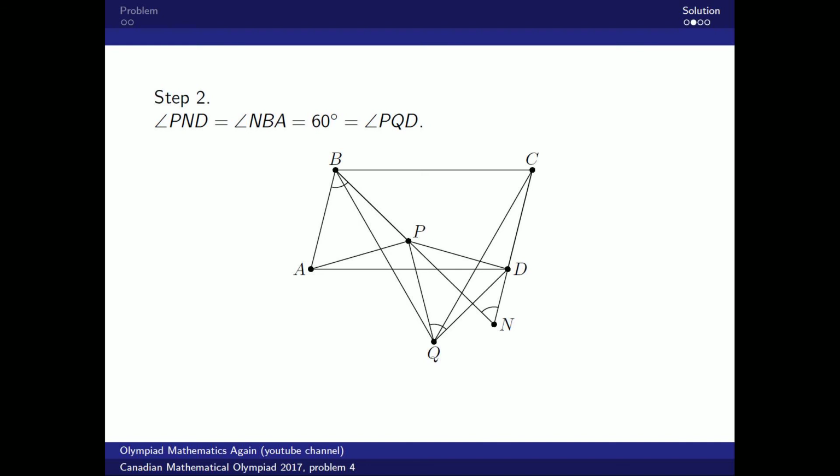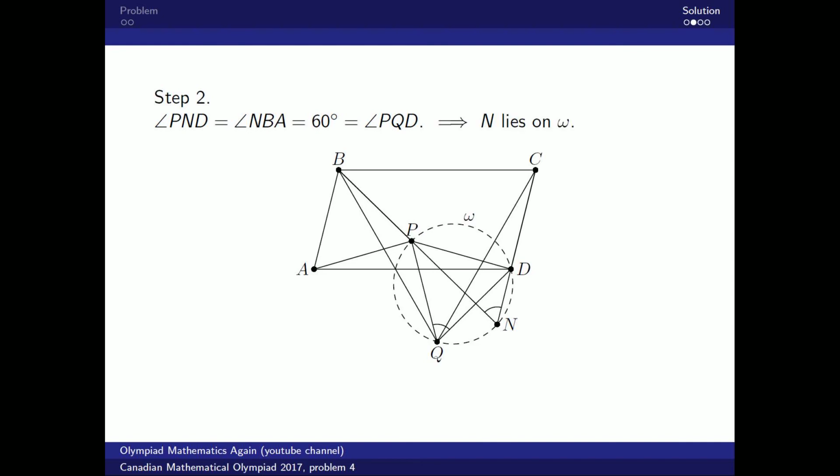Since these angles are equal, we conclude that N lies on the circle omega, the circumcircle of triangle PDQ. These two angles subtend the same arc in this circle, the arc PD.